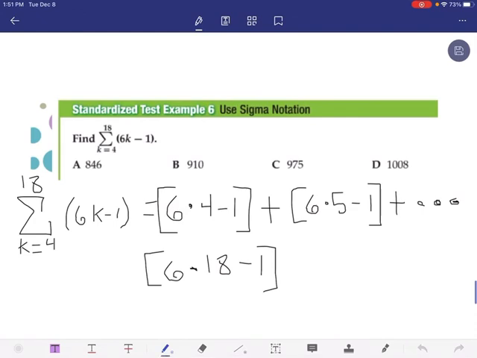So notice that our first term, if we plug that in, we would get 6 times 4 gives us 24, minus 1 gives us 23. 6 times 5 gives us 30, minus 1 gives us 29, and so forth.